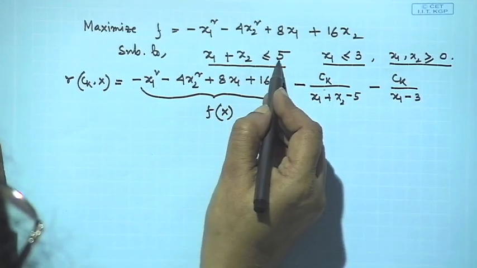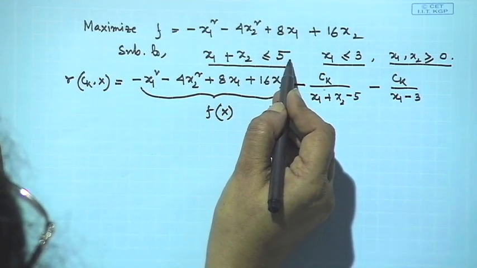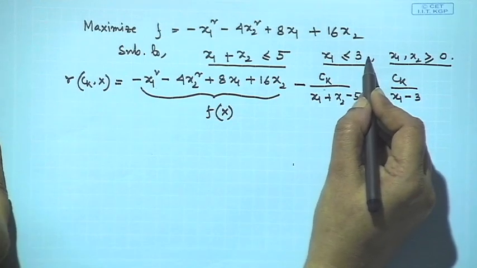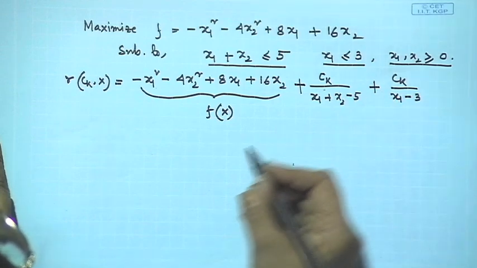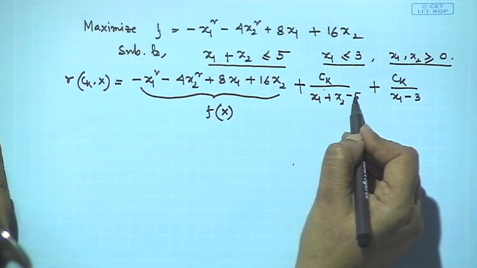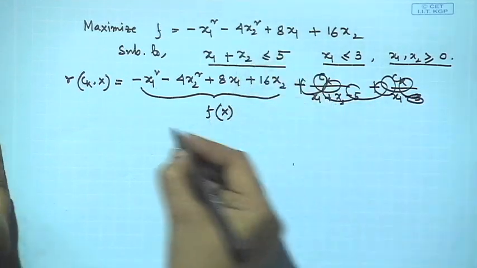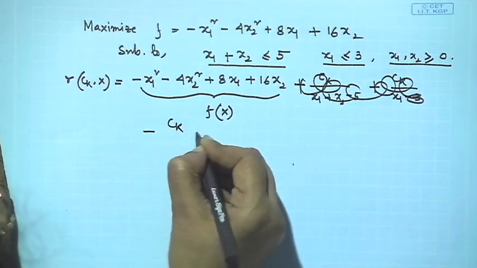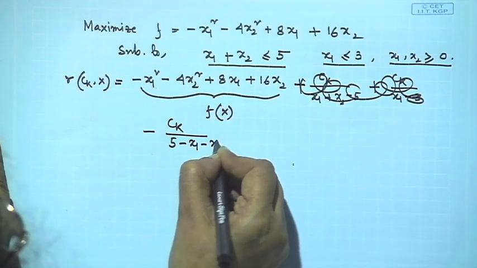That is why the greater than type of equation would be 5 minus x1 minus x2. Here it will be 3 minus x1. That is why this value will come as plus, alright. No, let me write it down in the proper form. If I write it the proper way, then ck divided by 5 minus x1 minus x2.